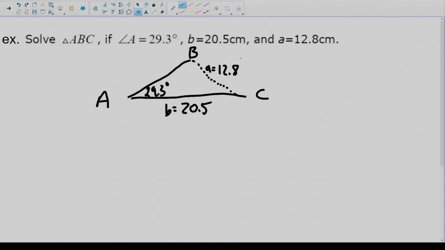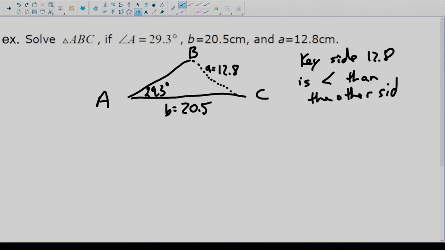So I looked at angle A and side A, and then I compared that number to this number, and I said, okay, the key side, 12.8, is smaller than the other side. So as soon as you see that, it's an uh-oh situation.